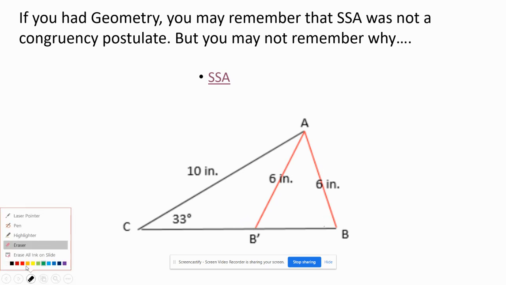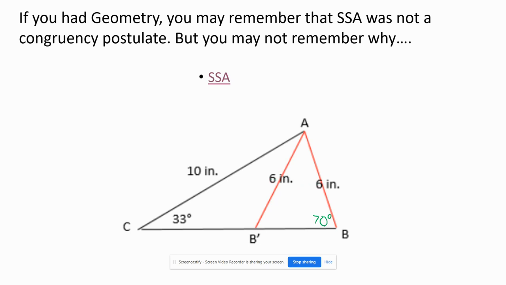If you remember again from geometry, if you take a look at this red side, it is the side that could swing in and out either way. So if we had this big triangle here and we found angle B, we could actually calculate it, but I'm just going to make up a number. Let's say 70 degrees. If you look at this little triangle formed by the two 6-inch sides, that would be an isosceles triangle.